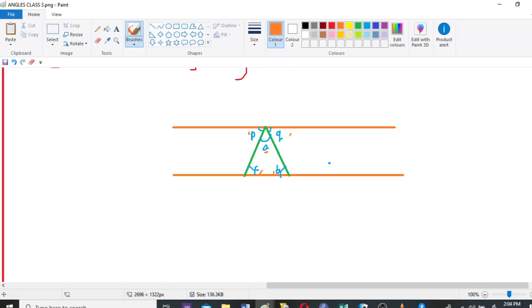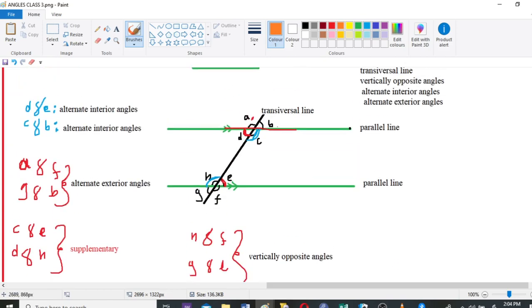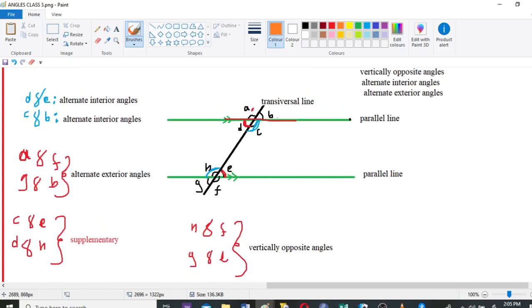You need to use the properties that we are discussing here in order to find out why.